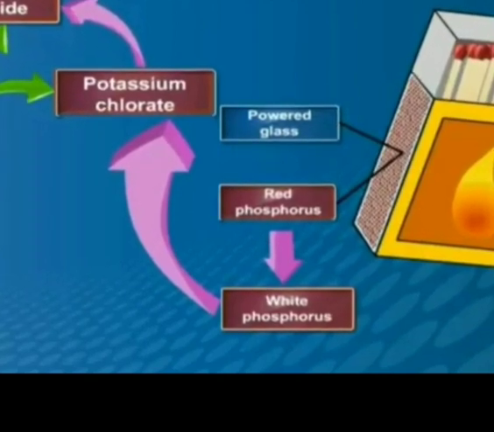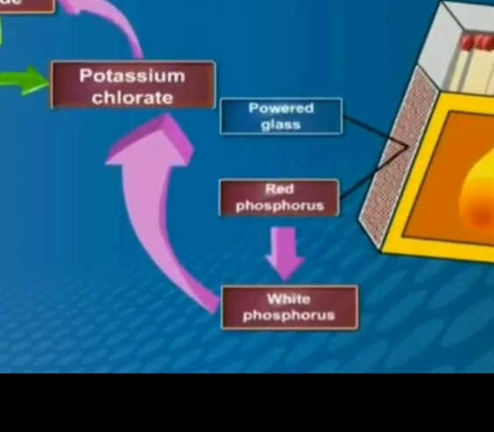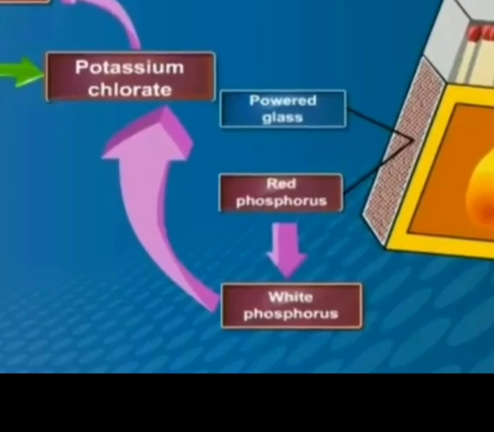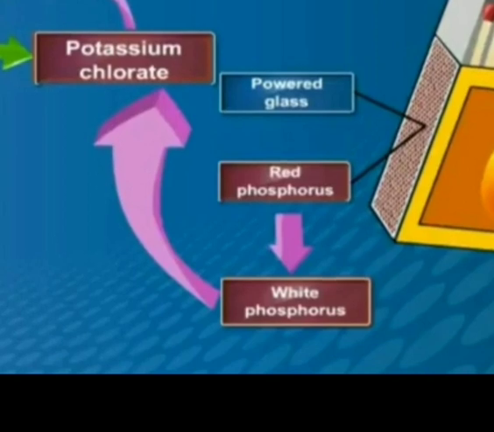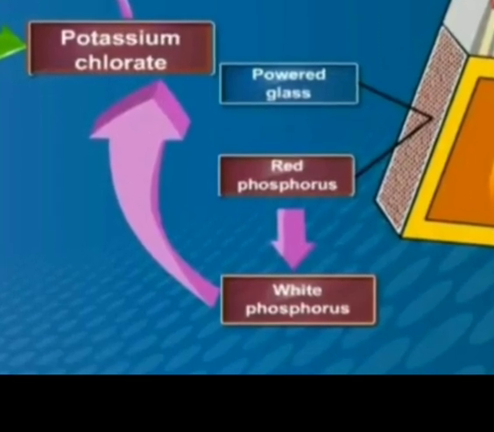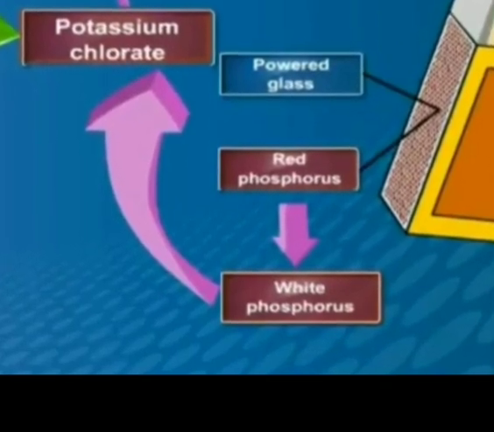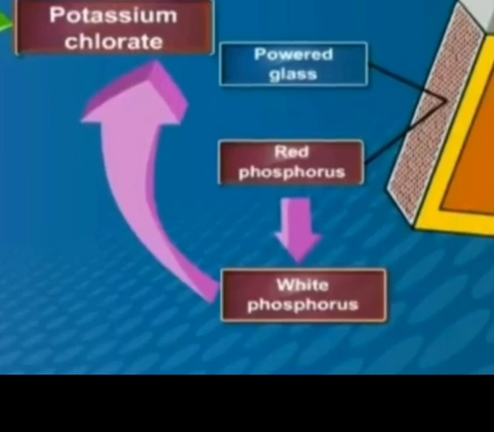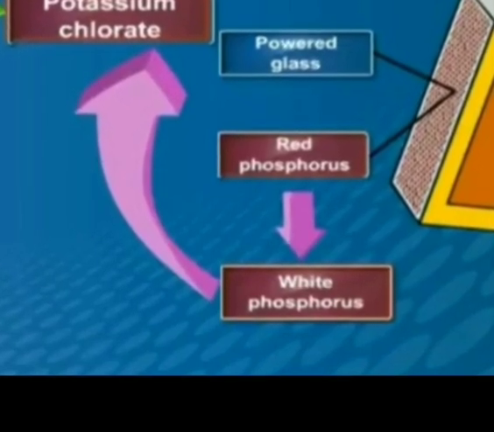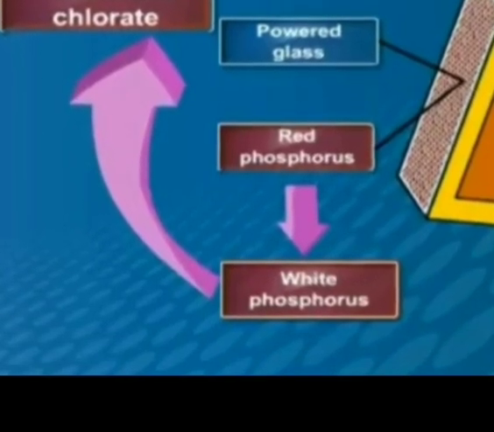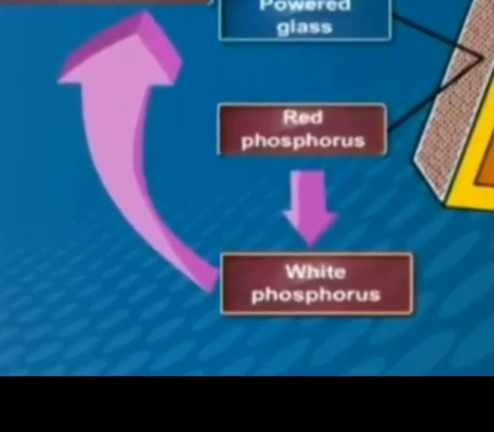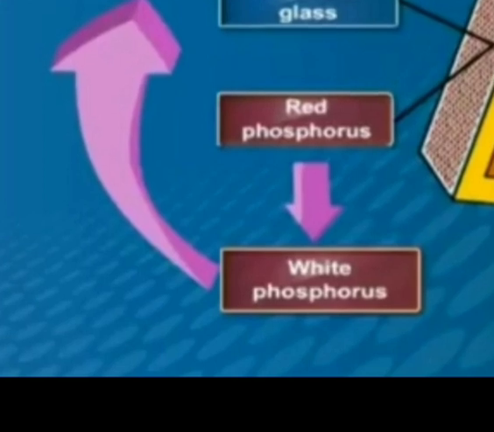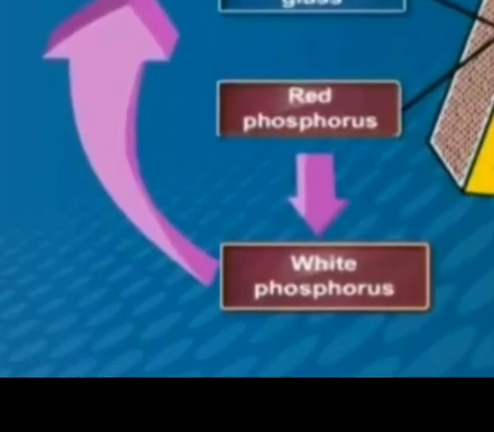When we strike the matchstick over the side of the matchbox, due to the force of friction, heat energy is released, and some of the red phosphorus in the matchbox turns into white phosphorus. And we all know that white phosphorus has a tendency to catch fire, so it immediately ignites the matchstick, and that's why the matchstick burns.